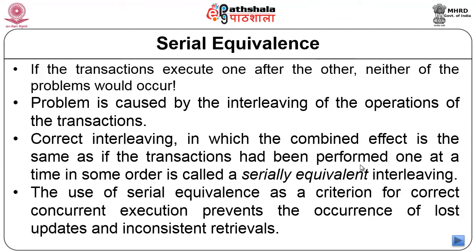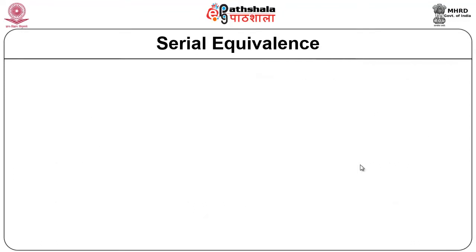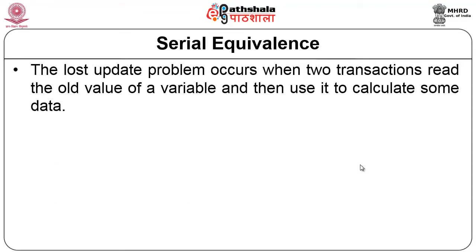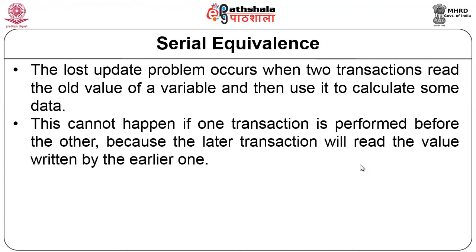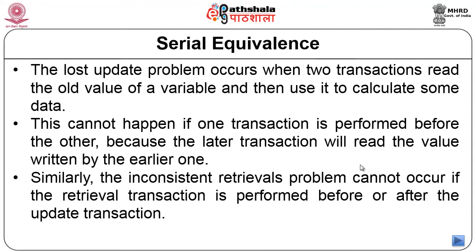So, the use of serial equivalence as a criterion for correct concurrent execution prevents the occurrence of lost updates and inconsistent retrieval problems. The lost update problem has occurred because the transaction was reading an old value, and if we do not allow the transaction to read the old value, that means if the object does not quickly allow the other transaction to read, then this problem will not happen.